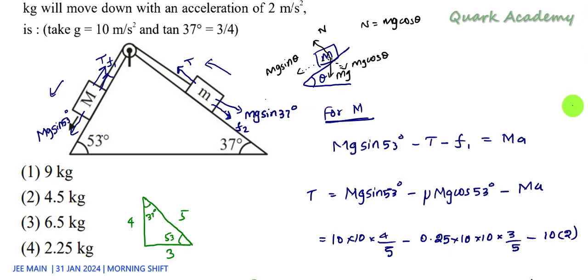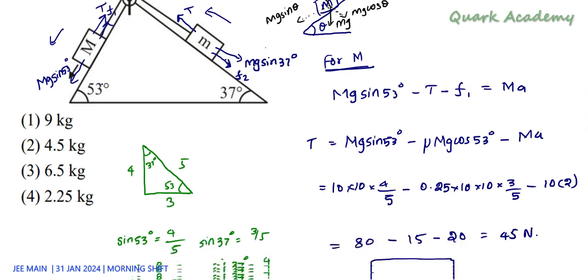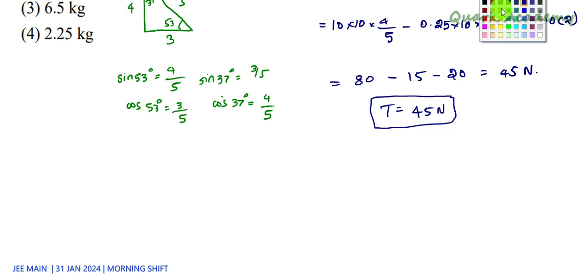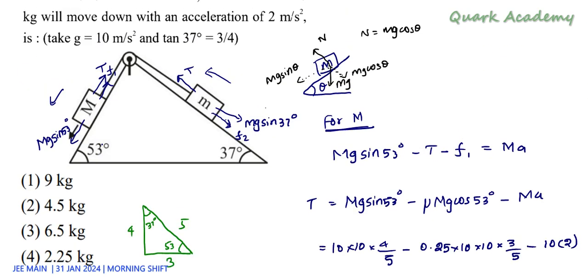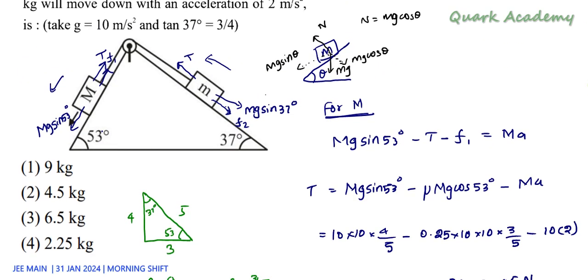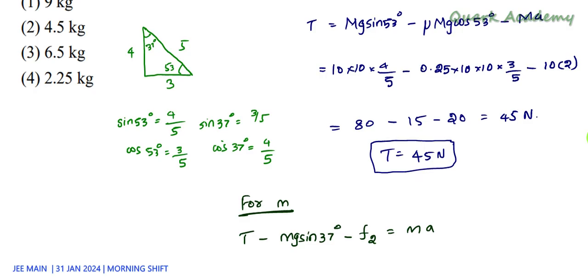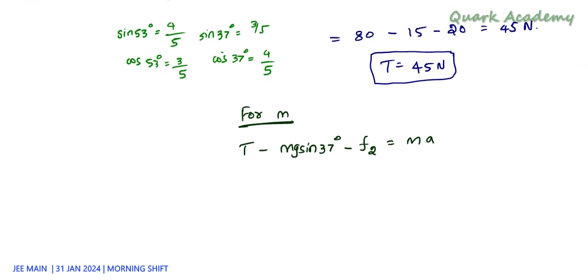We'll write an equation for small m also. I'll use another color for small m. Tension is acting upward, mg sine 37 is downward, and frictional force is downward, which is equal to m times a. Tension is in the direction of acceleration and the two forces are downward. So this is how it will look.